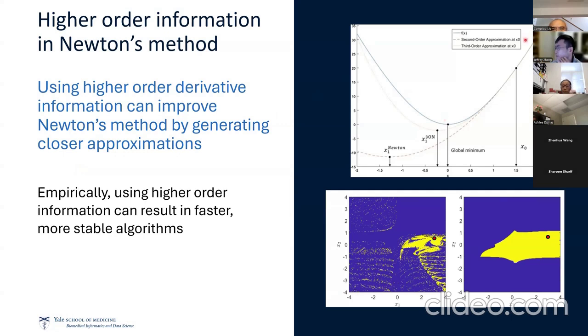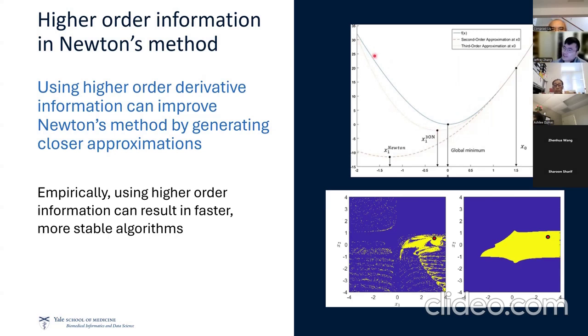So, for example, can you see the laser pointer, by the way? Yes. Okay. We have a function here that we're trying to minimize, and what I've drawn are the second order Taylor expansion down here, and the third order Taylor expansion down there.